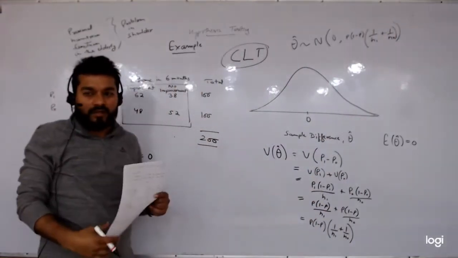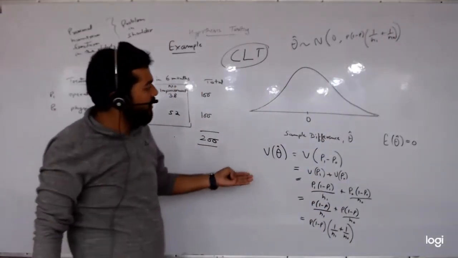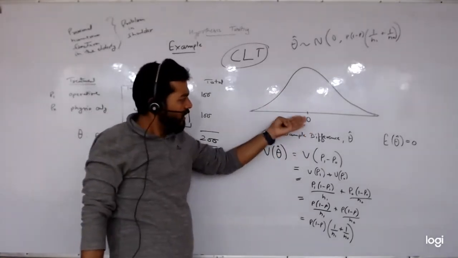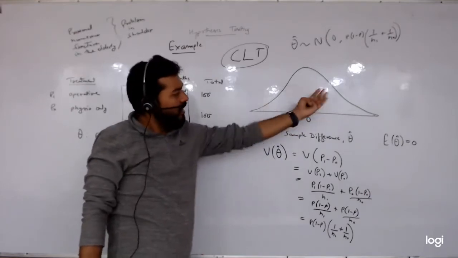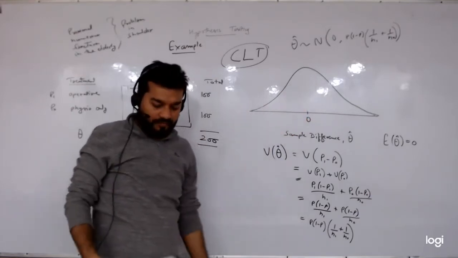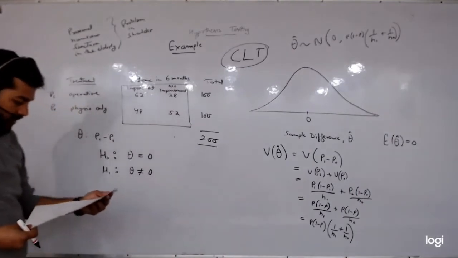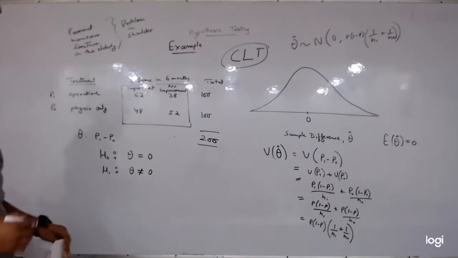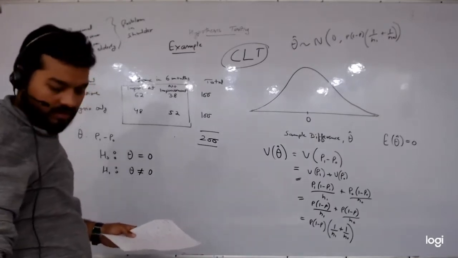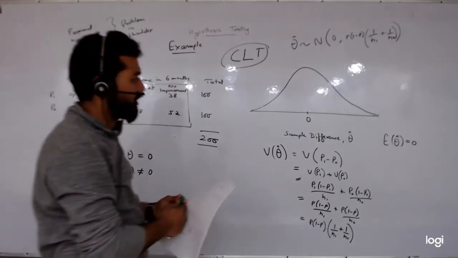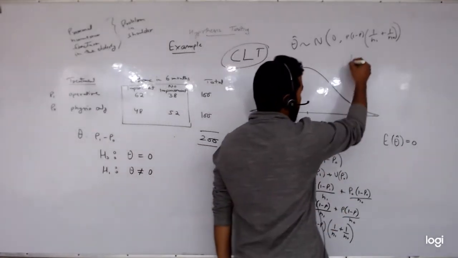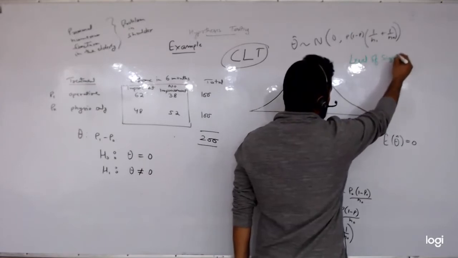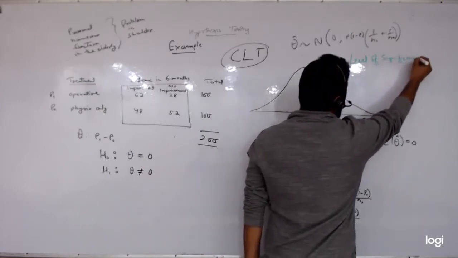Now if we have these two, we can draw a normal distribution. We know where it's centered and we know how it's going to be spread out. The next thing that we need is to set what we call in statistics the level of significance.